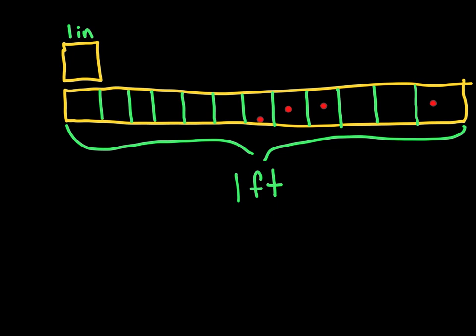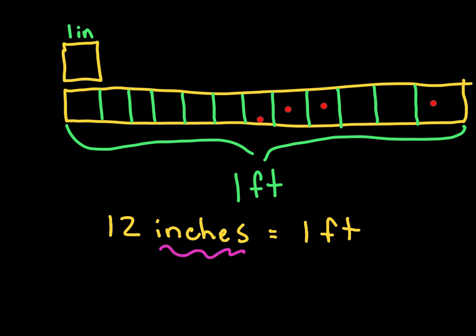So let's write this out: 12 inches is equal to 1 foot. Notice that this is a smaller unit of measure, and this is a larger unit of measure. And that's why this gets a bigger number, and this gets a smaller number.